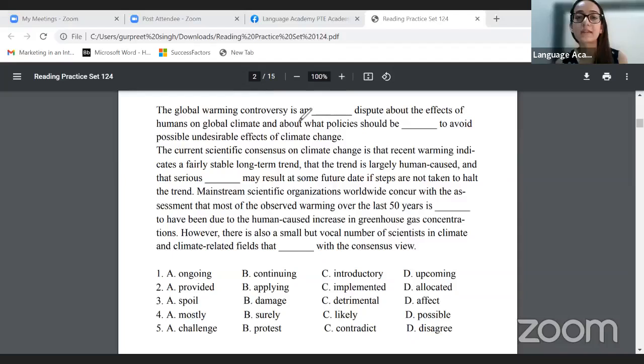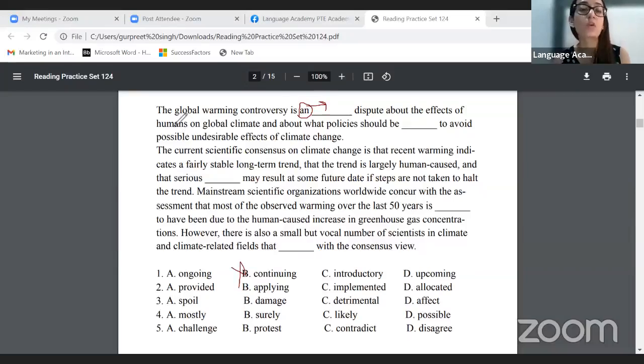Now looking at the second thing, always look at grammar after that before you look at your options. So with an comes something that starts with the vowel A, E, I, O, U. So you can eliminate anything which does not start with the vowel or any word that cannot come with an. So upcoming, introductory, ongoing. They all start with the vowel.